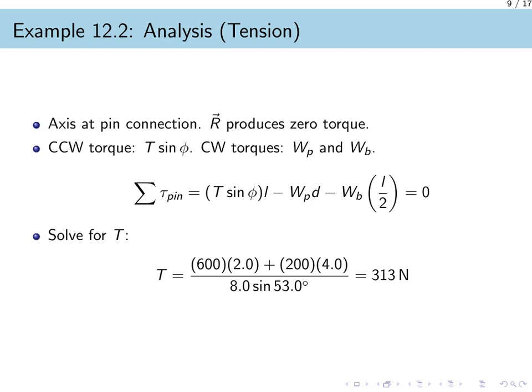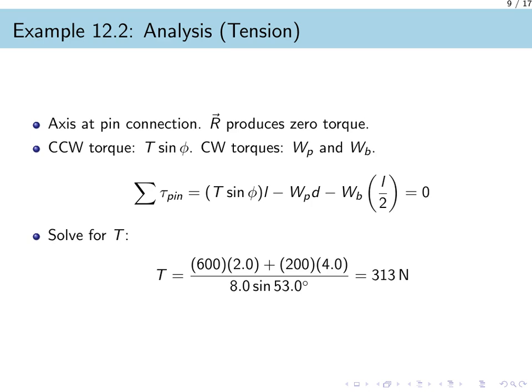Now we identify the remaining torques. The vertical component of the tension, T sine phi, creates a counterclockwise torque. The weight of the person and the weight of the beam both create clockwise torques. For equilibrium, the net torque is 0. The counterclockwise torque from the cable must balance the clockwise torques from the two weights. This gives us the equation shown on the slide.